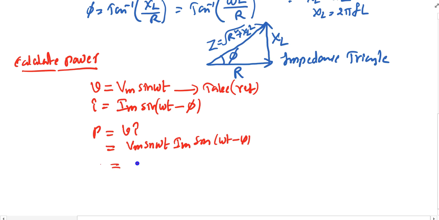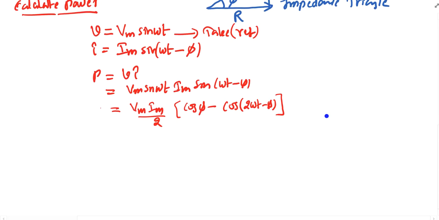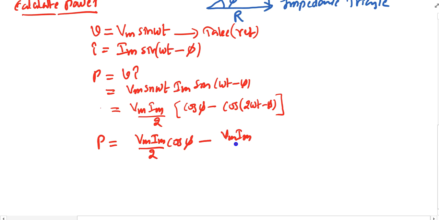If you simplify this, you get Vm Im by 2 into [cos phi minus cos(2 omega t minus phi)]. Further, if you separate these two terms, then Vm Im by 2 cos phi and minus Vm Im by 2 cos(2 omega t minus phi).